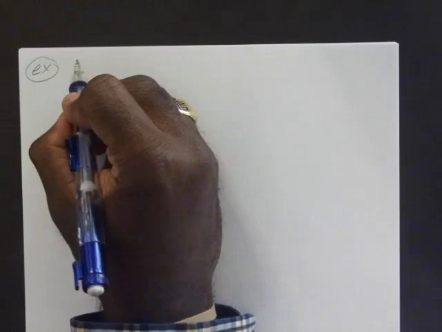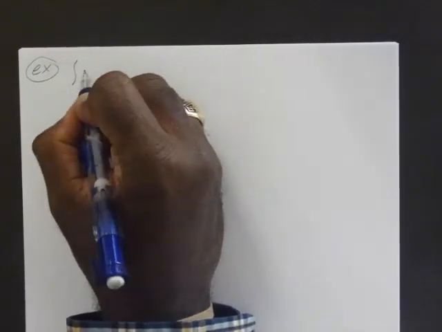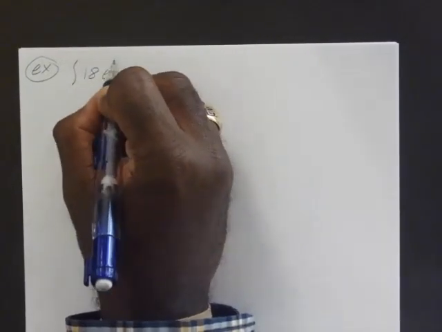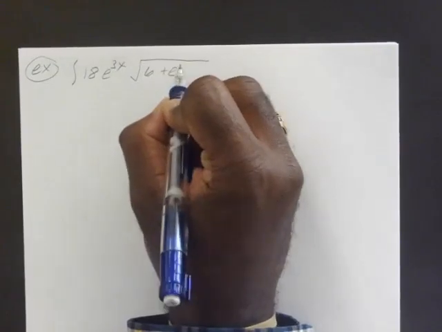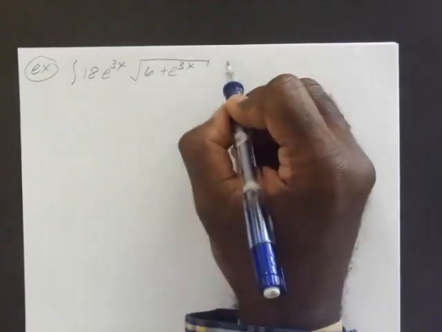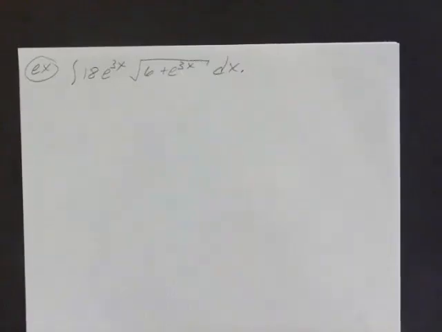Okay, so what if we wanted to find the integral of 18 times e to the power of 3x times the square root of 6 plus e to the power of 3x with respect to x?